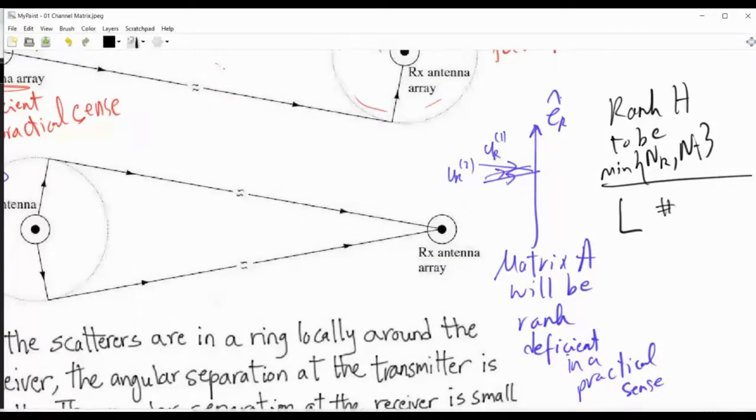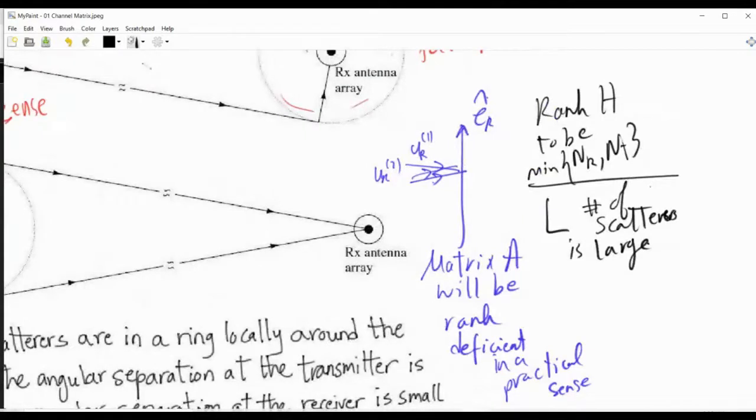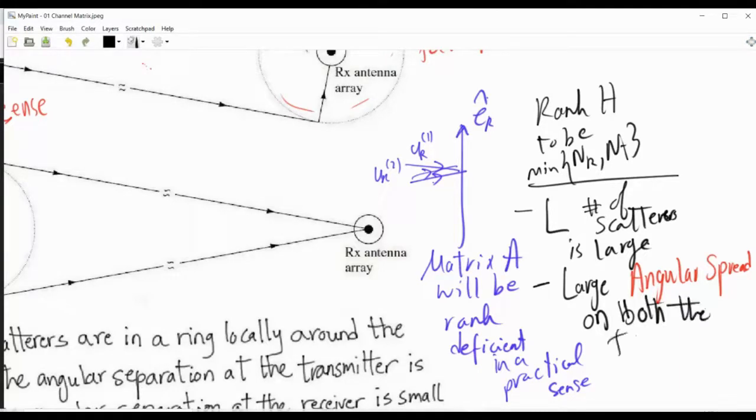L, the number of scatterers, is large. Definitely it needs to exceed those two. Is this enough? No, we need large angular spread on both the transmit and receive sides.